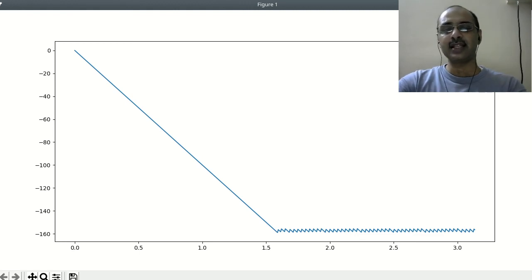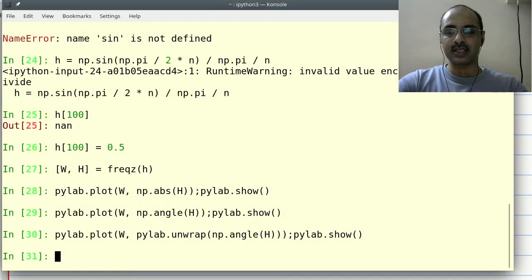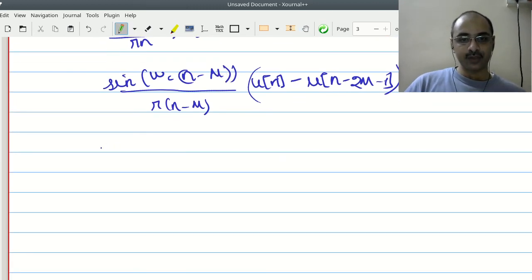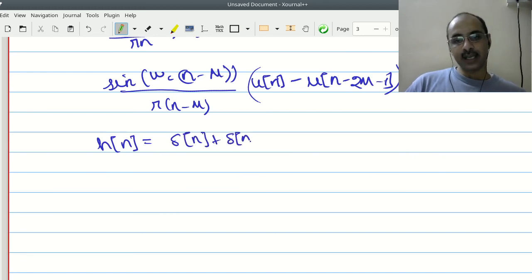Let's take some other examples. Let's take some simpler examples. Let's say we will take h[n] to be delta[n] plus delta[n minus 1] plus delta[n minus 2].